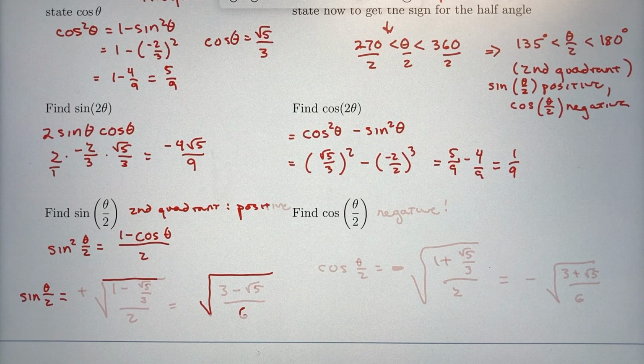Positive. I'm going to emphasize that by saying positive square root. Cosine was root 5 over 3. Oh, this is horrible. Let's just multiply everything by 3 so at least it's not a compound fraction. Don't forget to multiply the bottom also. Okay.